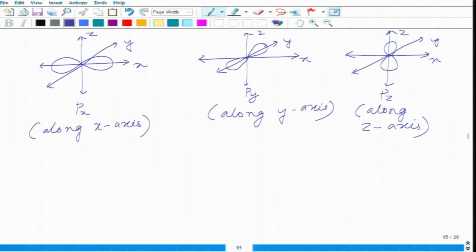So, these are the 3 p orbitals, Px, Py and Pz. They are along the 3 coordinate axes, and the 2 lobes touch at the origin. The origin represents the nucleus.